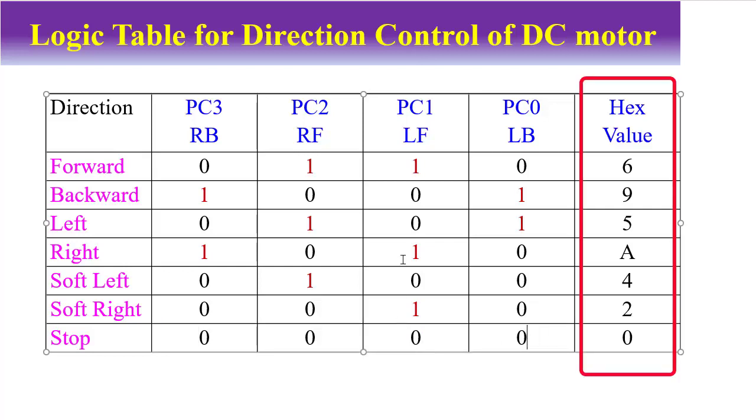So for forward movement in port C, the value should be 6 in hex. In backward movement, the value should be 9 in hex. Left movement 5, right movement A, soft left 4, soft right 2, and for stop the value is 0 in hex. So as per our requirement, we will provide these hex values to port C.